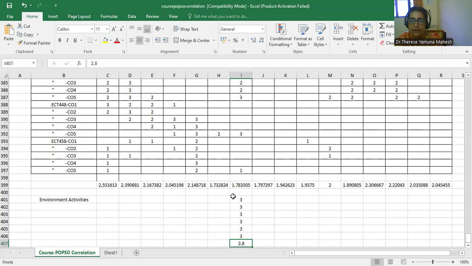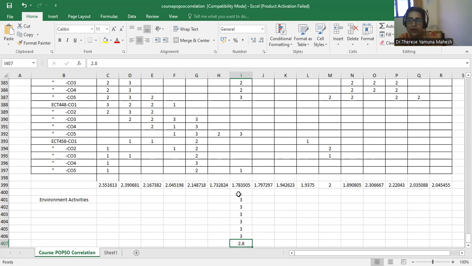For example, let us take PO 6. PO 6 is engineer and society. Our contribution towards the qualities that the students get towards this PO is very less. It's only 1.73. Similarly, PO 7 is environment and sustainability.